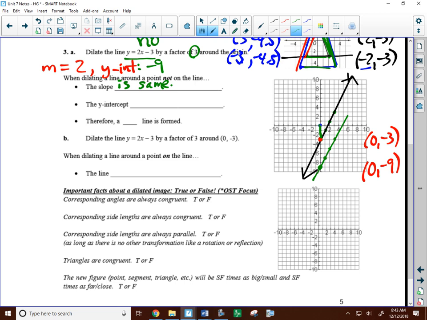The y-intercept is multiplied by the scale factor. And I put, therefore, here's our conclusion, therefore a blank line is formed. Any thoughts? That line to this line? Type of line? A parallel line is formed.